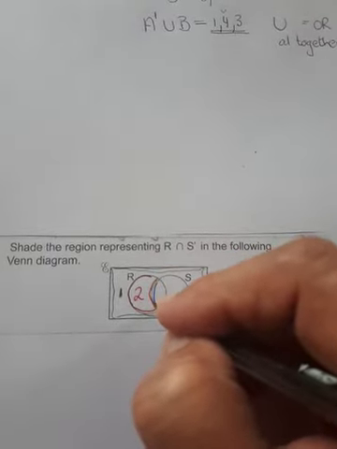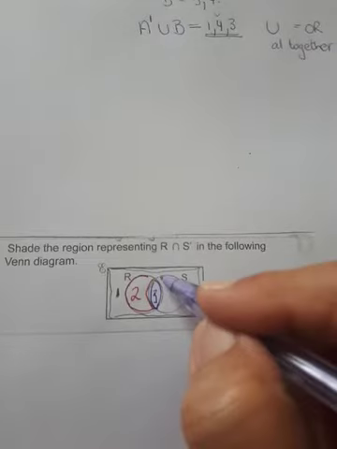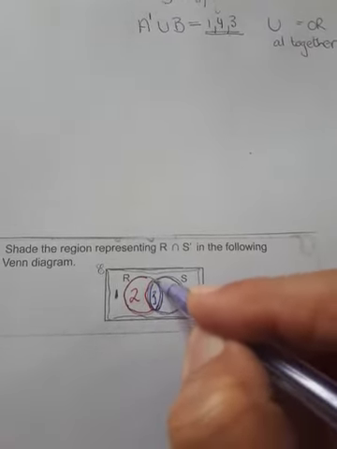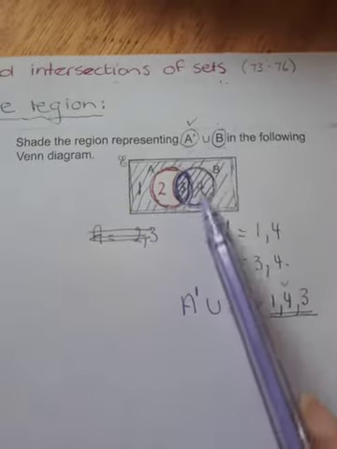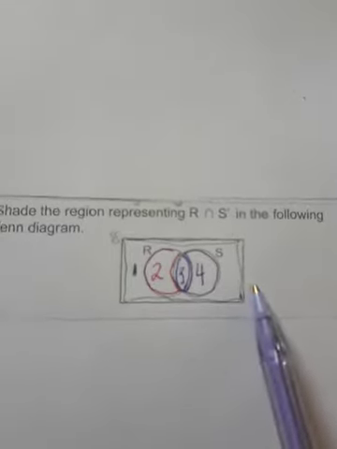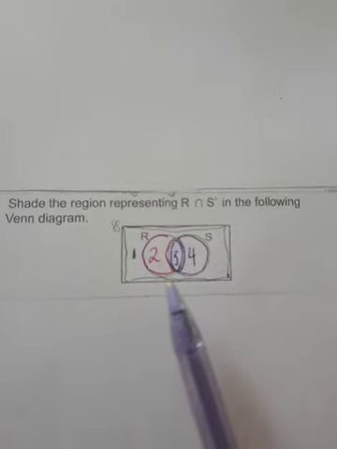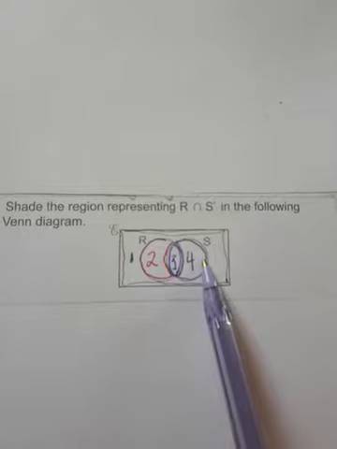The overlap is region 3. And set S without the overlap is region 4. Just compare it to this one. 1, 2, 3, 4. 1, 2, 3, 4. Can you see that the labeling of your regions remains exactly the same as long as you have 2 sets?